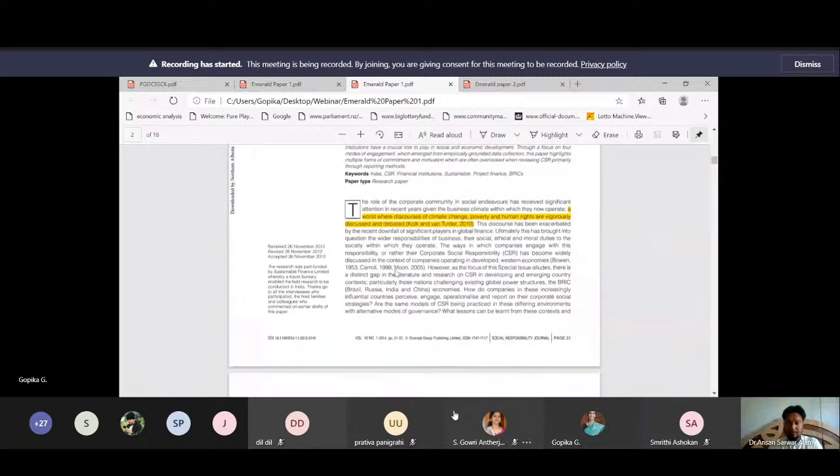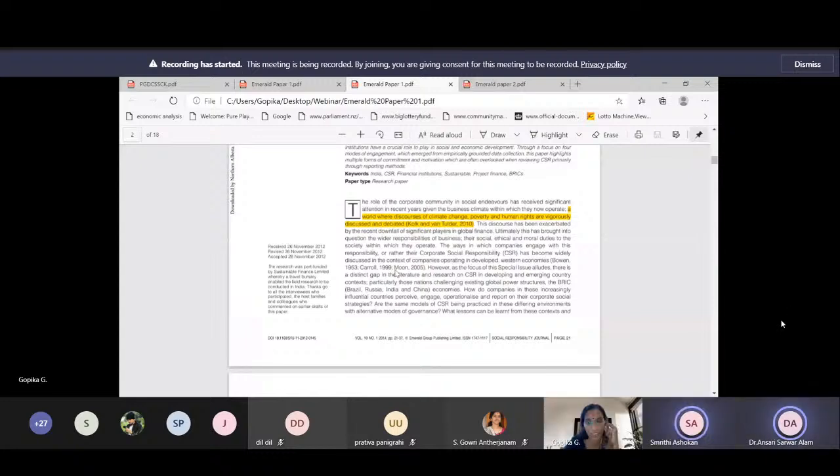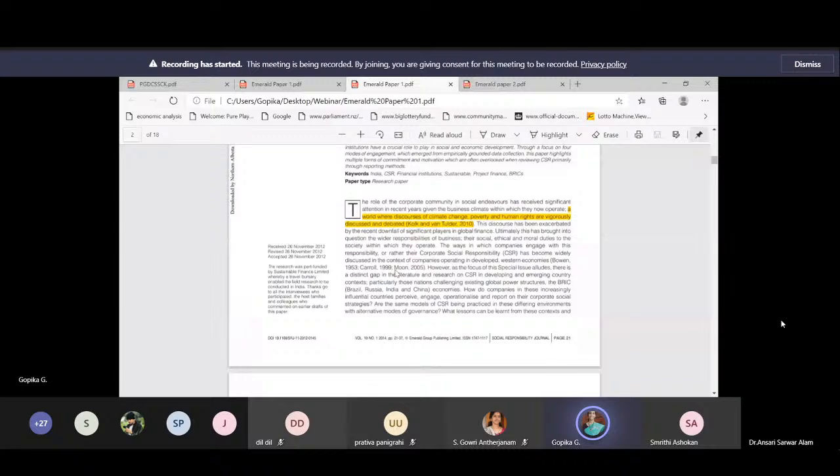Just check whether this paper contains any analysis part or not. As far as I know, it does not contain any. And show the paper to the participants.